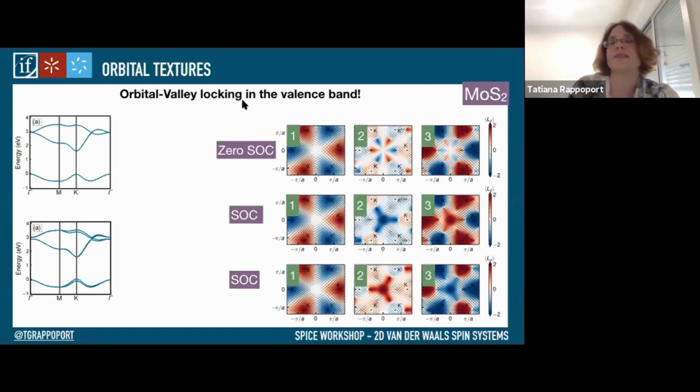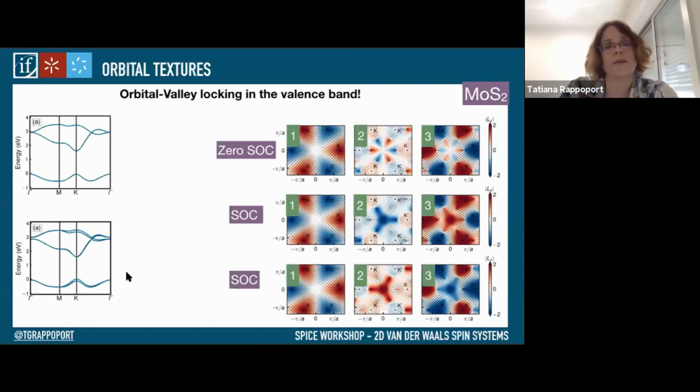So in fact, we can understand the spin valley locking in TMDs by coming from the orbital valley locking in these systems. And when we include spin orbit coupling and we have this splitting of the 2 spin bands, the orbital texture is more or less the same for the 2 cases, right?